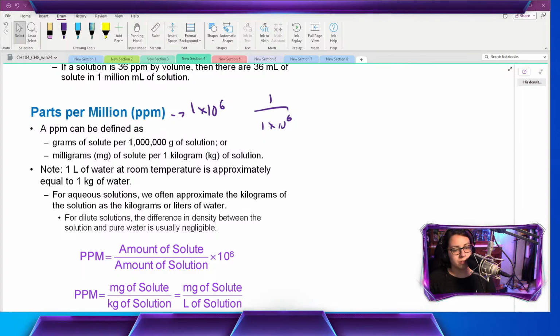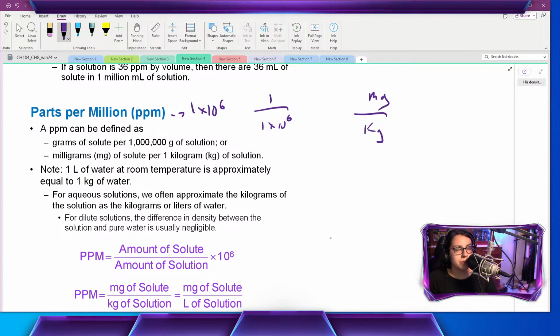Let me download it. All right, so while I download it, let's look at this. This works well. It's thinking about how many parts. So this would be grams of solute per 1 million grams, or you could even do 1 atom per 1 times 10 to the 6 atoms. But a better and easier way to think about it would be milligram per kilogram.